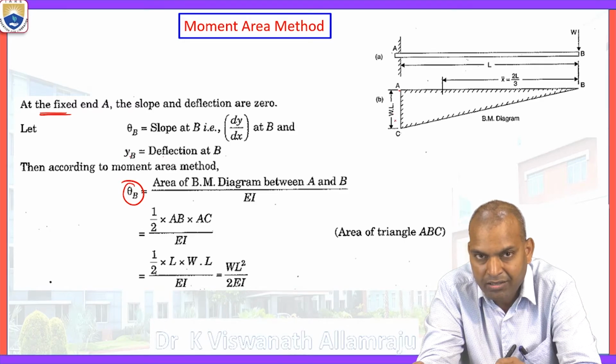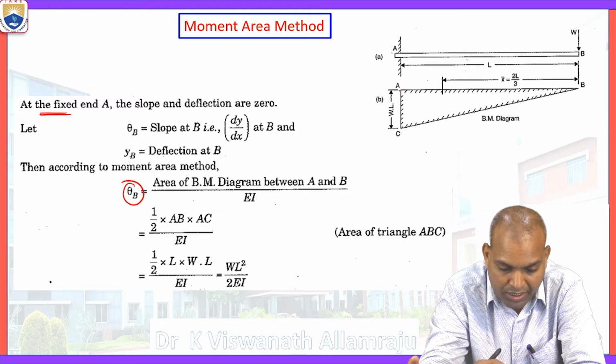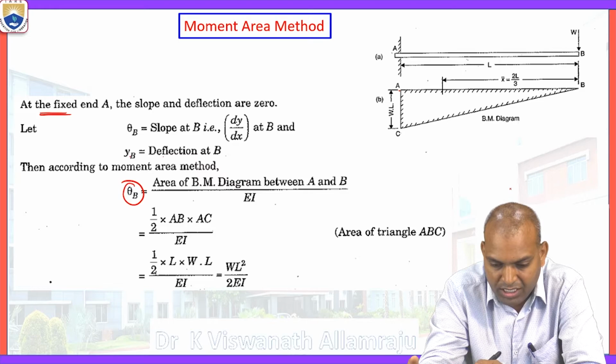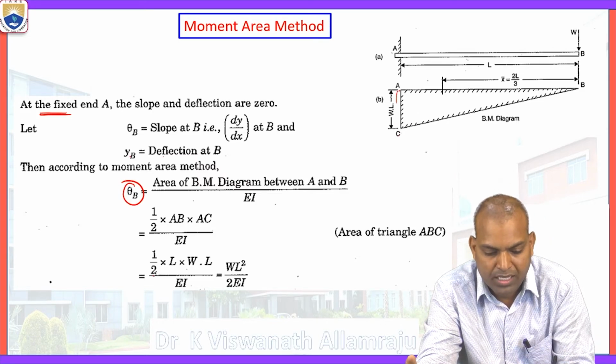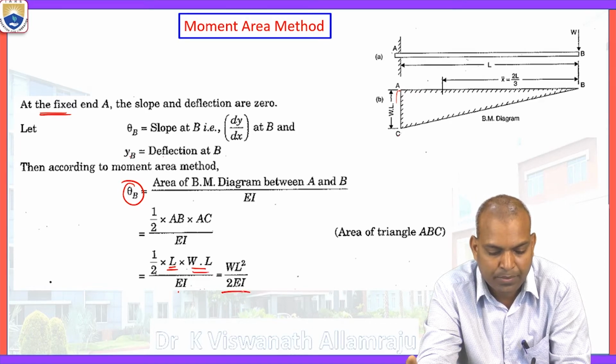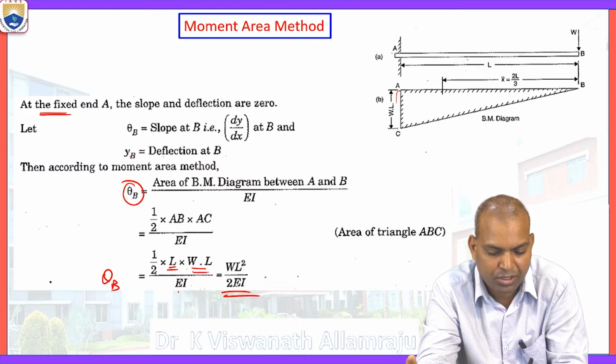It is a right angle triangle, so half of base into height: base L, height WL, divided by EI, giving WL square by 2EI. That's it, a simple formula.